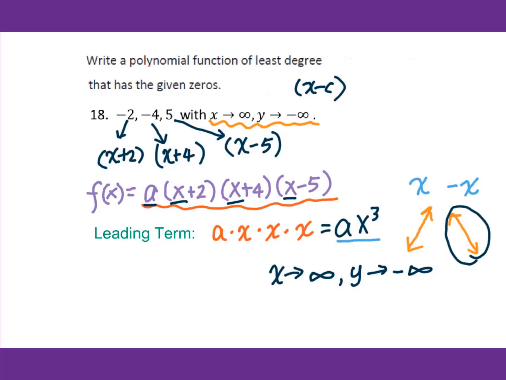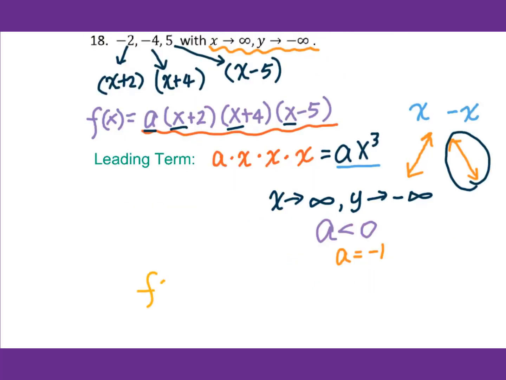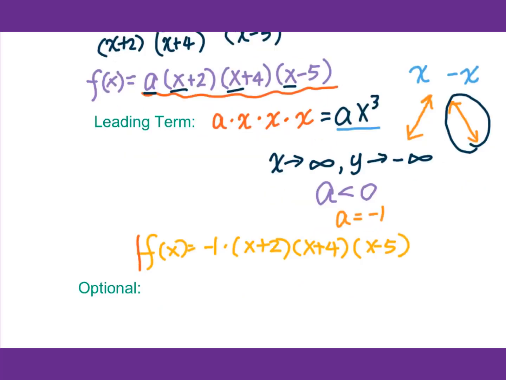Therefore, we know that a is less than 0. Let's choose a equals -1. Therefore, f of x equals -1 times x plus 2, x plus 4, then x minus 5. This is the polynomial we are looking for.